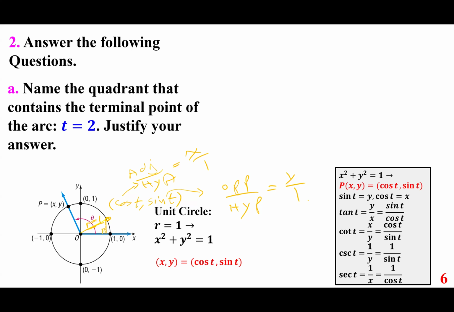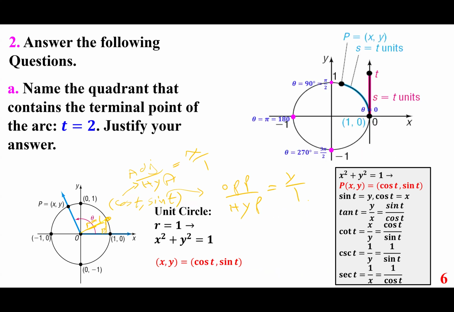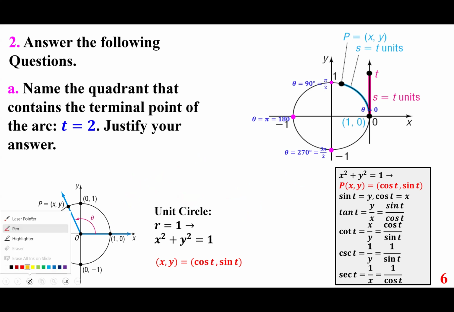So having said that, reminding you of the following. Let me erase my work so it becomes easier to follow. So we have the unit circle. This is, for example, located at 1, 0, as I mentioned, 0, 1, and so forth. And so this is the arc length.